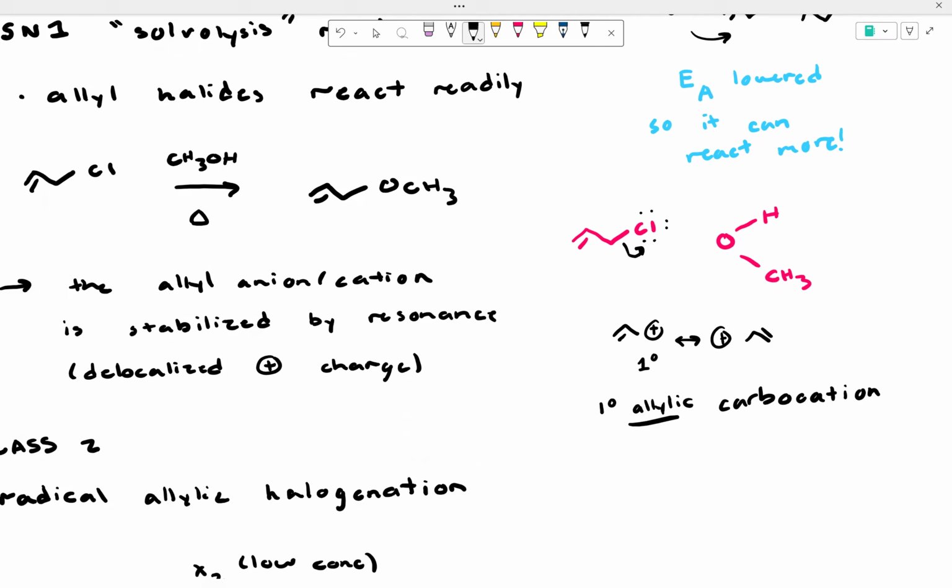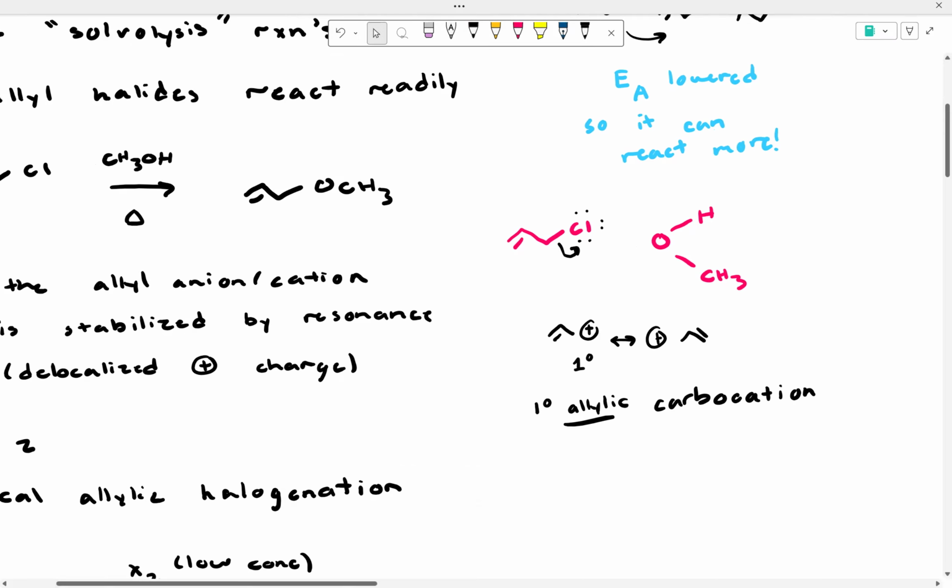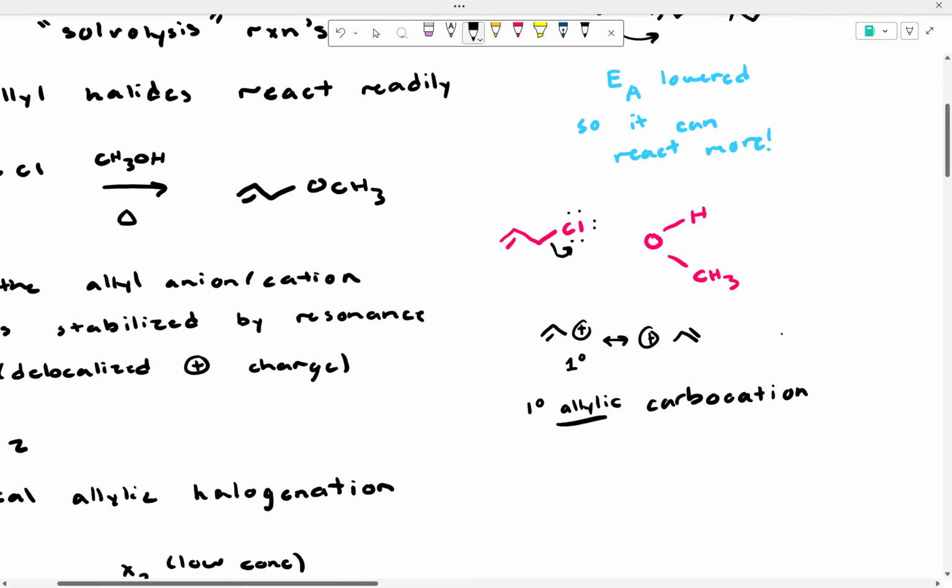Whereas where we had an alkane, we wouldn't be able to donate electrons to the chloride. This would not happen because there's no stabilization by resonance in a normal alkane.